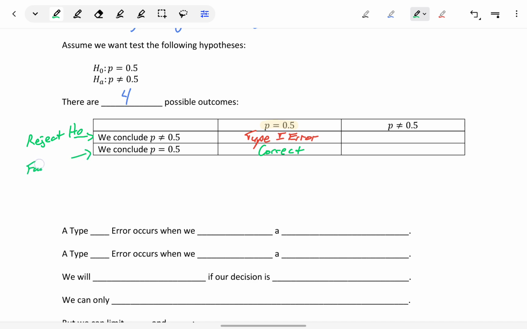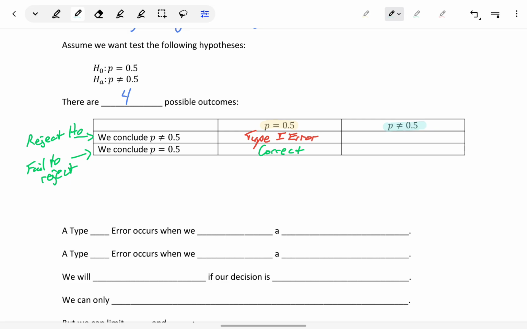If we fail to reject, then we maintain the assumption of the null hypothesis. We conclude that the proportion is equal to 0.5. And then depending on whether that's true or false, we end up committing a type 1 error or end up with the correct result.